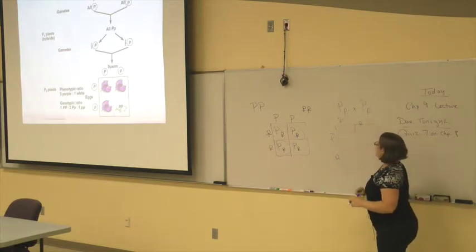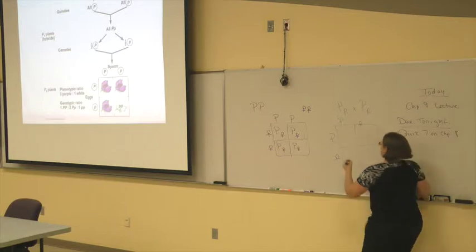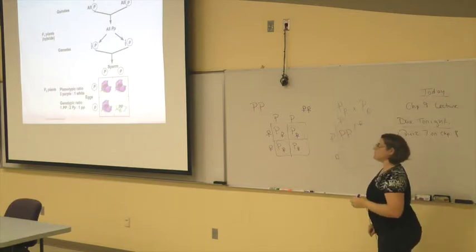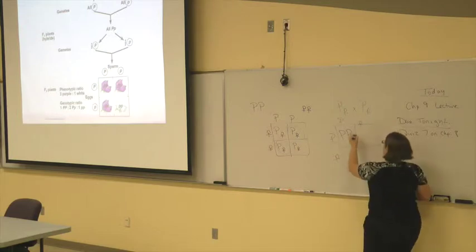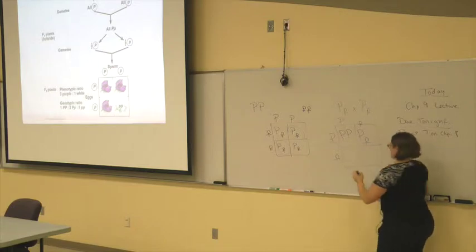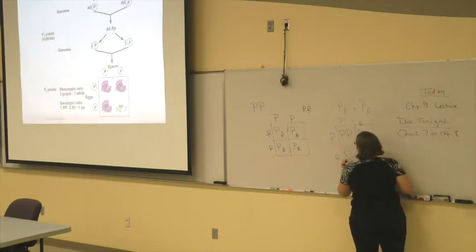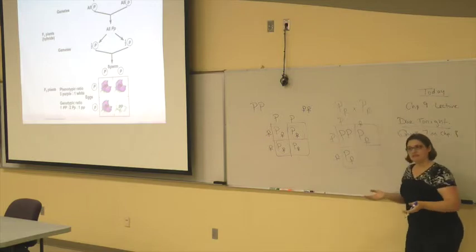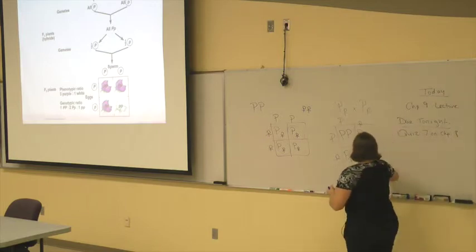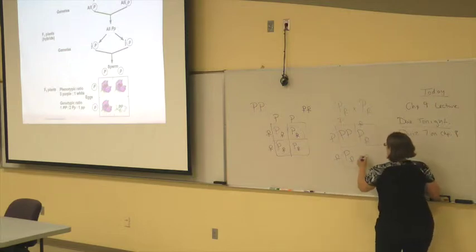Now, how do we fill in the box? What are we going to put in this box? Two big P's. Big P, big P. What are we going to put here? Big P, little p. What about here? Big P, little p. It's always good practice to keep the dominant allele in front of the recessive, because it makes more sense like that. What about in here? Little p, little p.